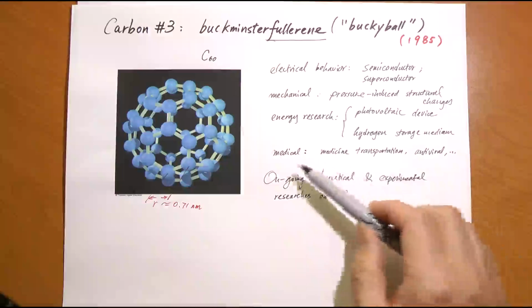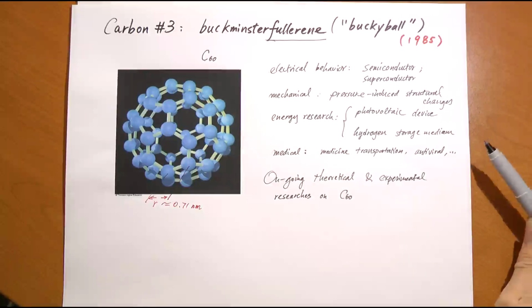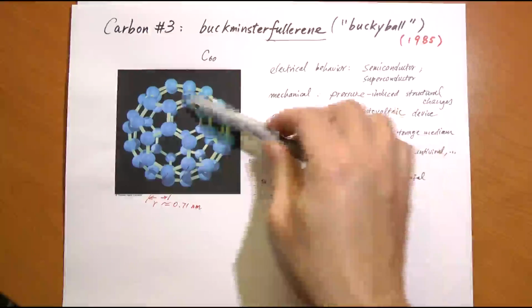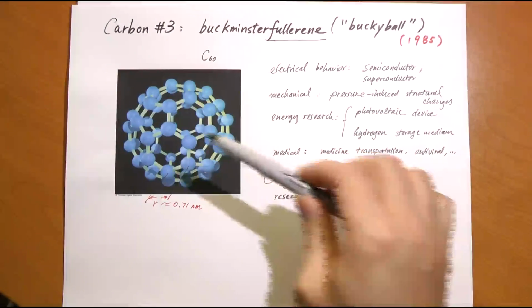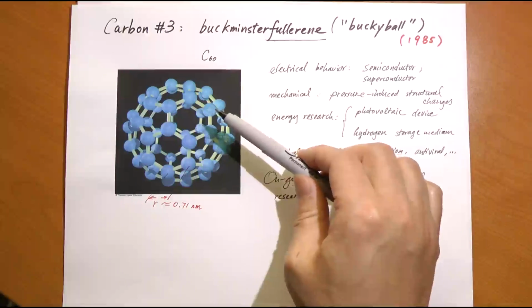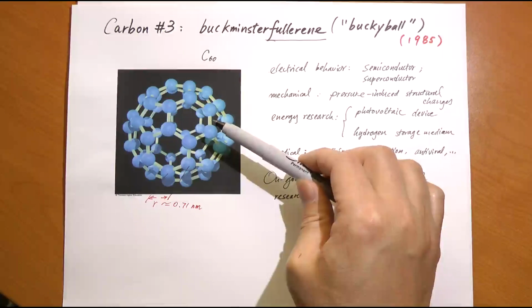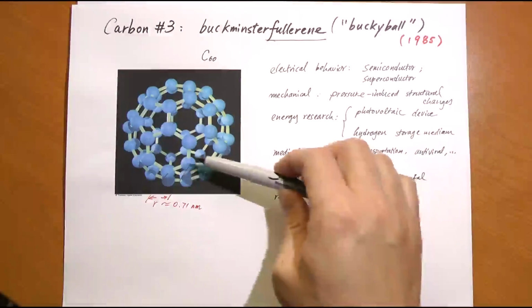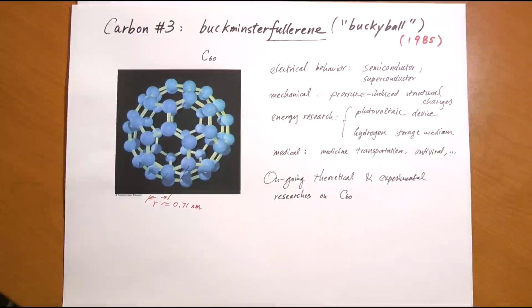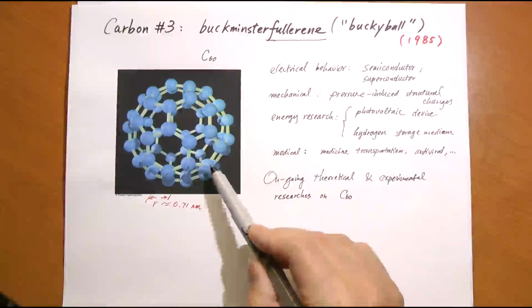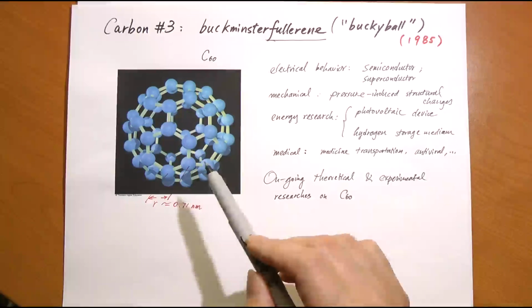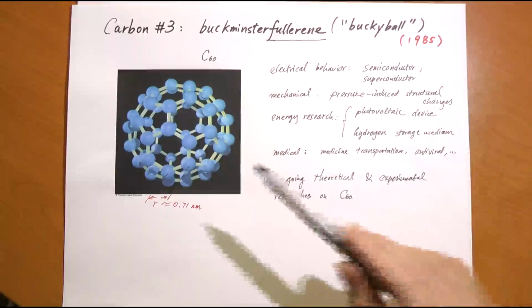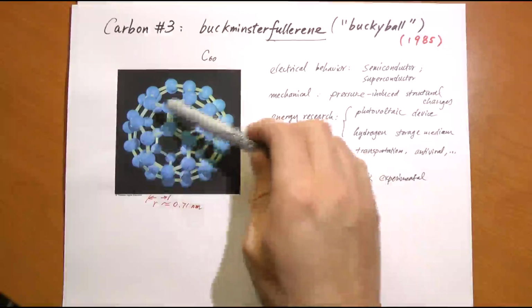You can also use it in medicine. Okay, this guy, it's hollow inside, right? You can trap some molecules inside. These molecules would otherwise be volatile. They can expire. They can have chemical reactions, whatever. But you can trap it inside. Then it becomes very stable. You can transport medication with buckyballs, and this thing also turns out can be used to fight the HIV virus because of the unique shape.